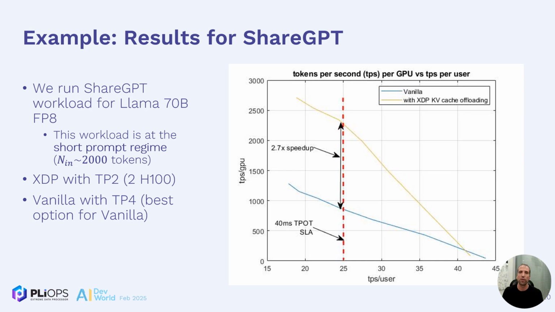We see that we get almost 3x speedup for overall end-to-end gain with the KV cache offloading. So by reducing prefill overhead and enabling more efficient batching, we significantly improve real-world throughput while staying within SLA. That concludes this section, and we can move on to storage system considerations for KV cache offloading.